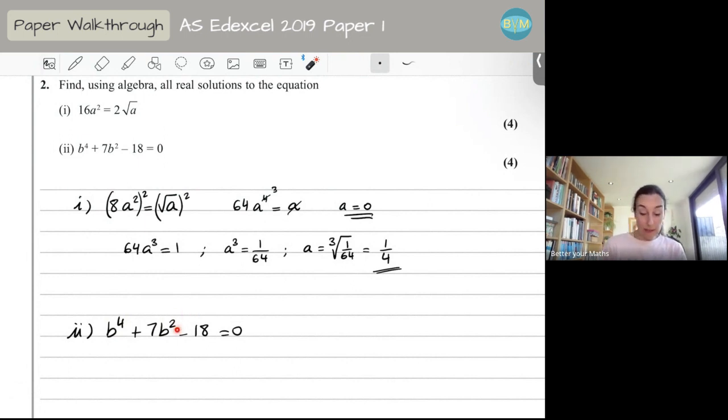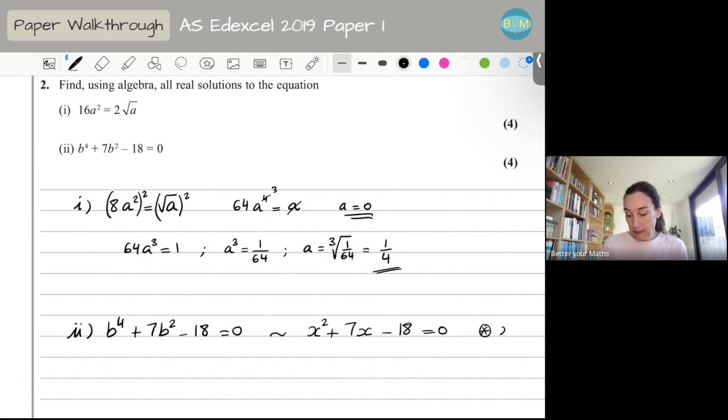So you have something that is b squared, and b squared is b to the power of 4. So really you can see this equation as x squared plus 7x minus 18 equal to 0 when x is b squared. Yeah, it's a way of calling b squared x and seeing an equation that is simpler. So we can solve that equation.